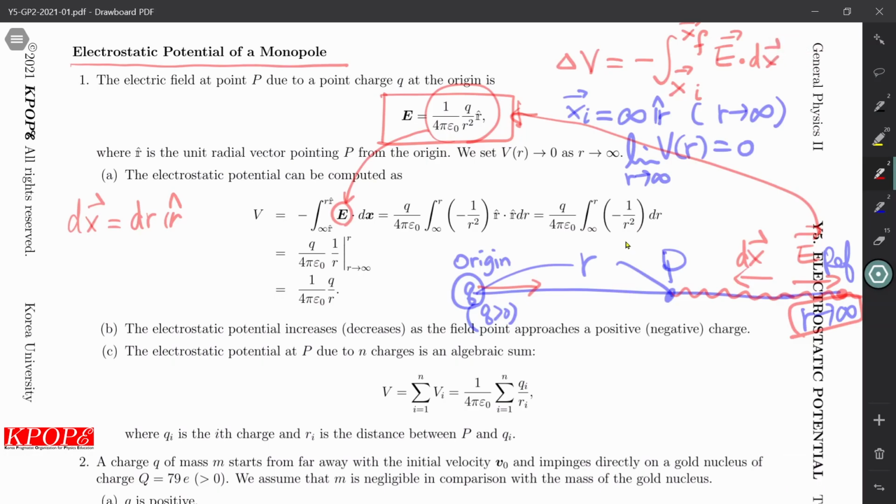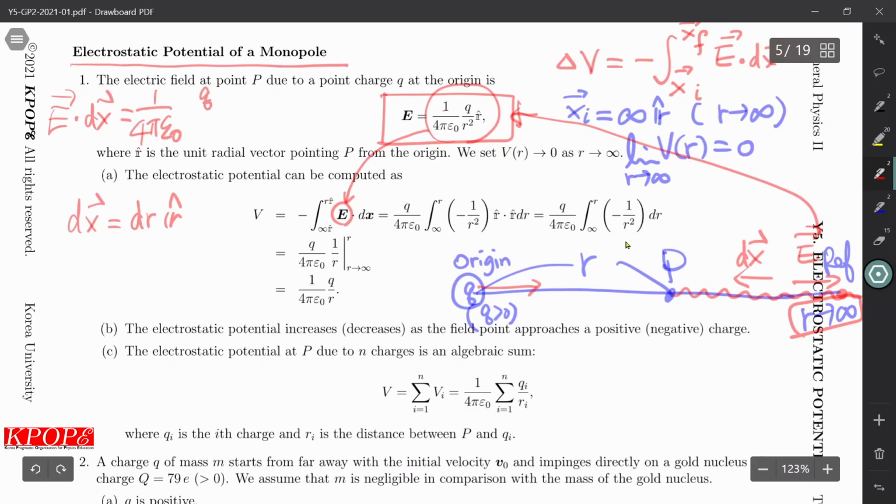So if I multiply this E dot dx, then we have the factor 1 over 4 pi epsilon 0, q over r squared, times dr, r hat dot r hat.